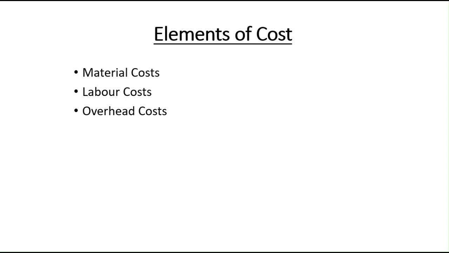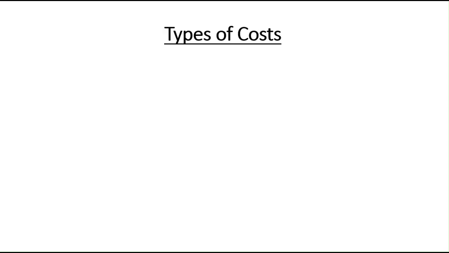So the next topic which we will be discussing is the types of costs. Based on the nature in which costs occur, we can see different types of costs. These types are very important to understand, because based on the nature of cost, they should be used while preparing the cost sheet.